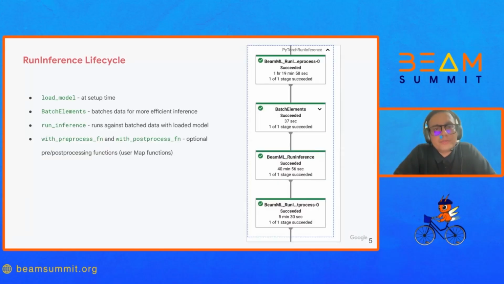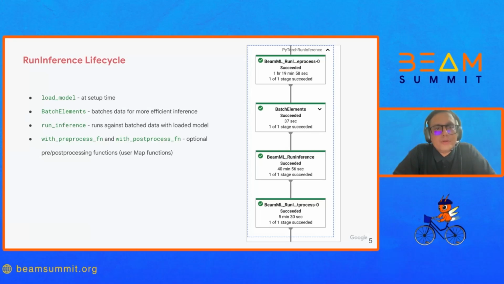Talking about the RunInference lifecycle, whenever users run inference, at least two and up to five things happen all the time. Load model loads one or more copies of the model and keeps it ready for the inference. Run inference will take batch data and generate inference using the model loaded during the setup time. Batch element is used for efficiency, and it is common to all ML pipelines, not specific to Beam or Dataflow.